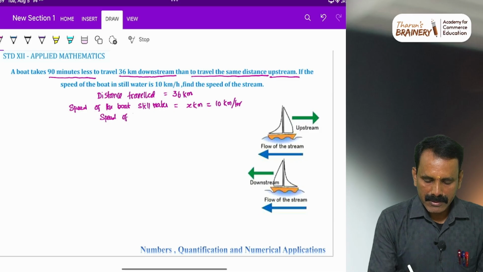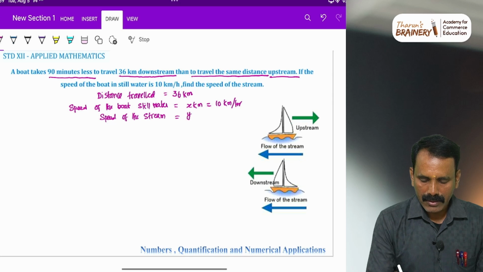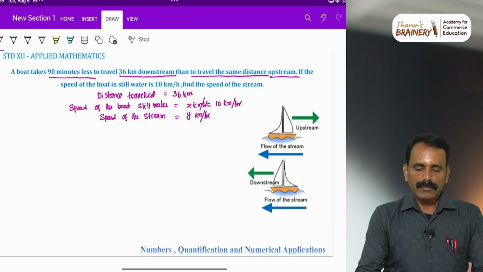Speed of the stream we are supposed to find. We take that as y kilometer per hour, and here also it is going to be per hour.